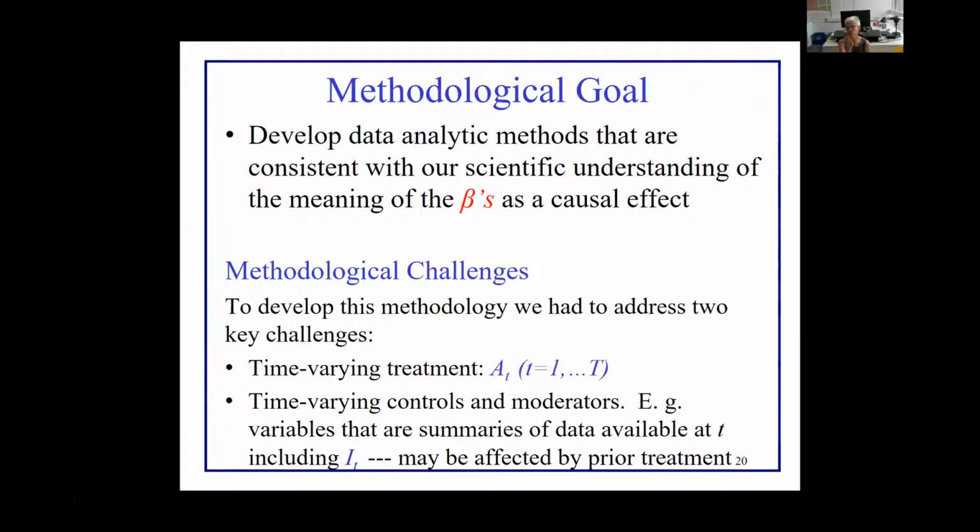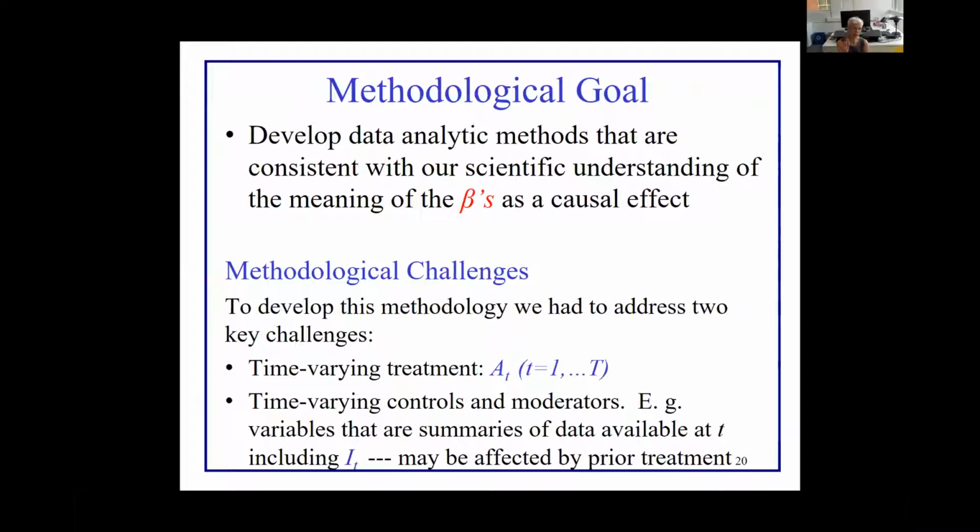And that's exactly what this last bullet point says, is that your controls and any moderators you might be interested in, they may be outcomes of prior treatment. In particular, availability, I_t. Remember, I_t equals 1 if they're available at time t to be randomized. I_t equals 0 if they're not available. That could definitely be impacted by prior treatment.